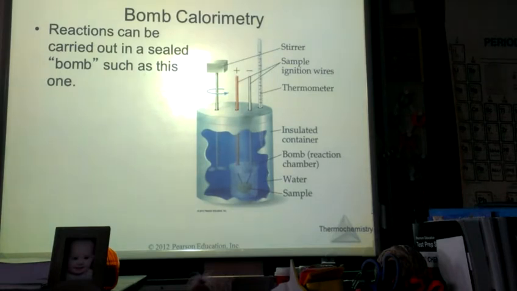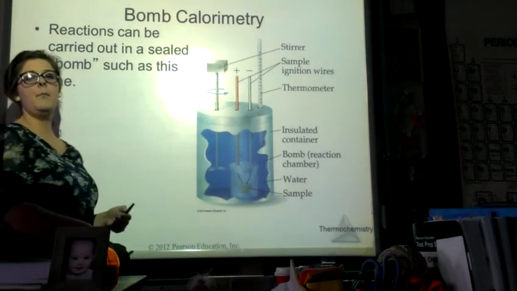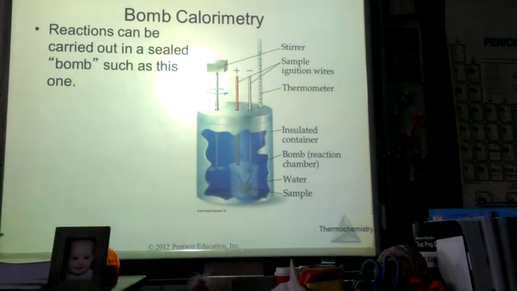Okay? The combustion reaction is going to be initiated. So how do I make this sample go through a combustion reaction? Well, I do that because I'm going to pass an electrical current through these leads, through these ignition wires, and then when that wire becomes hot enough, it will ignite this sample so that way it will combust.